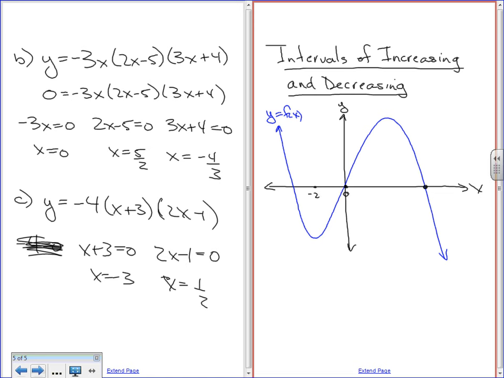And this one here, let's say it's -4. This one here, we'll say is kind of halfway in the middle, so I'll say 5 over 2.